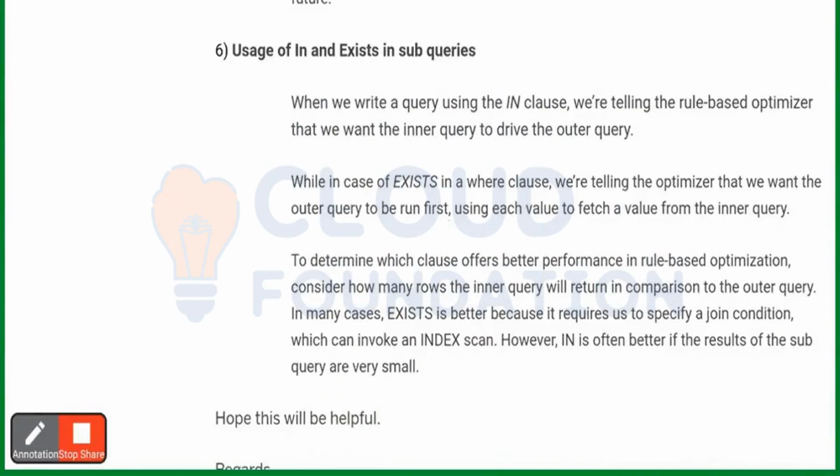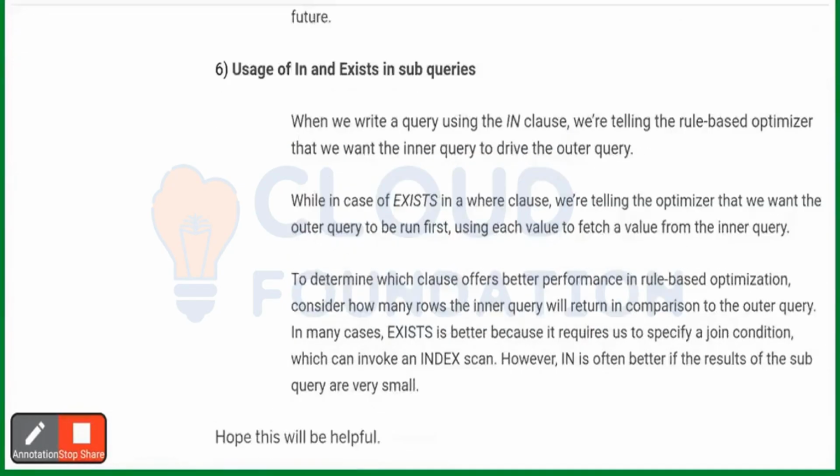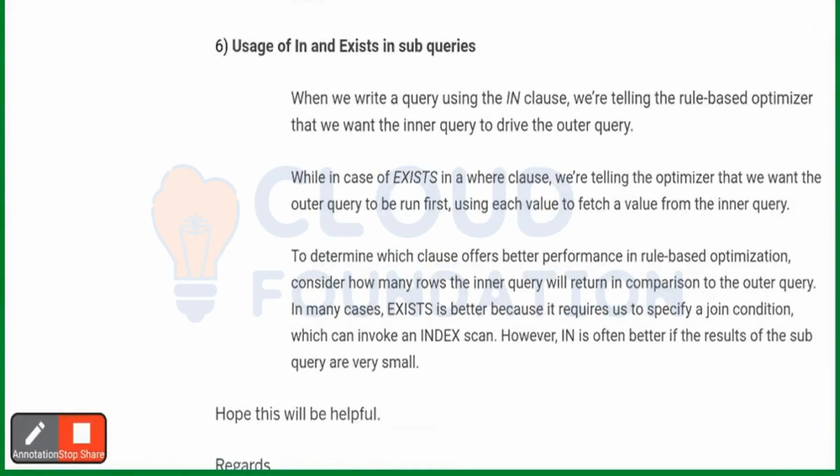Usage of in and exists in subqueries. These also we have to avoid mostly. I never use this, but if you are using this in subqueries, we have to avoid it because it will also impact the server performance.